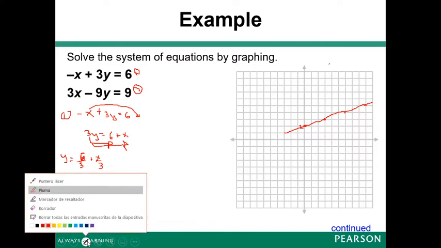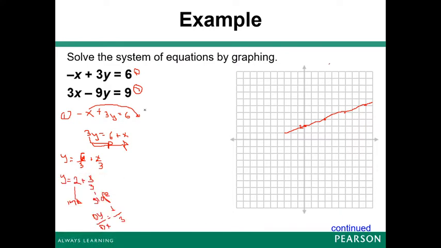Now we're going to do the second equation. The second equation is 3x minus 9y equals 9. I'm going to move the 3x to the other side: minus 9y equals 9 minus 3x.